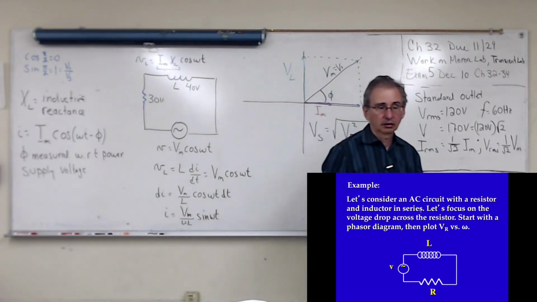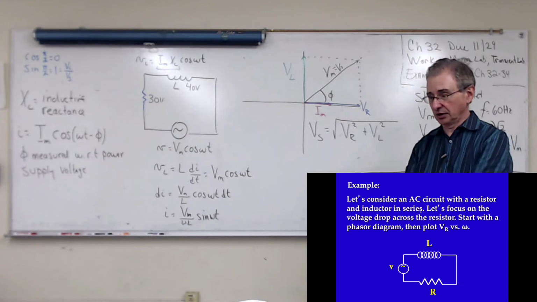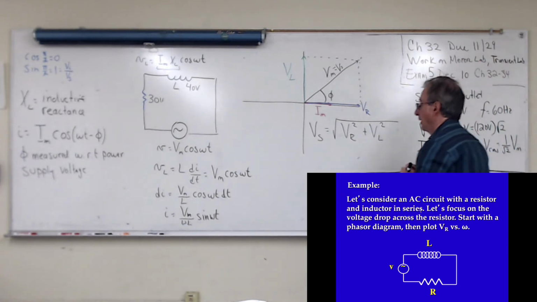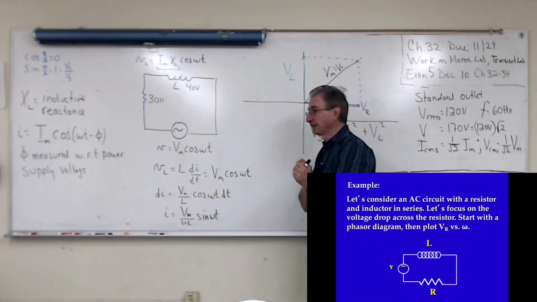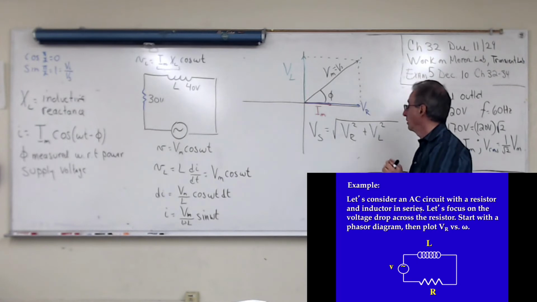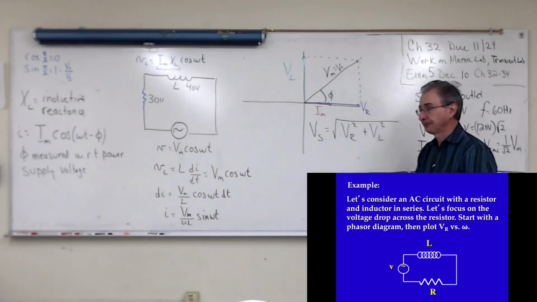When you do your lab, you're going to be measuring the RMS value because that's what the multimeter measures. But whether you're analyzing the maximum voltages or the RMS values, the angles are not going to change. It's just going to rescale these vectors. Okay?